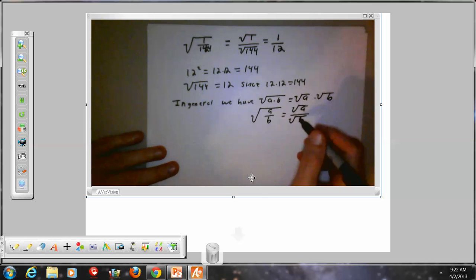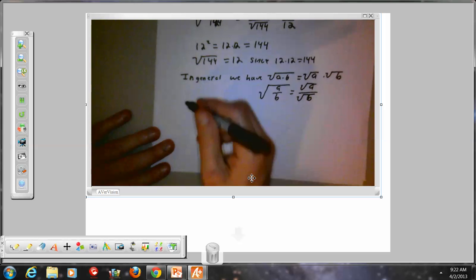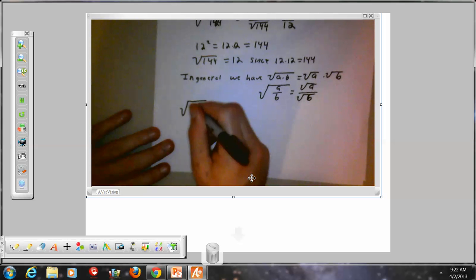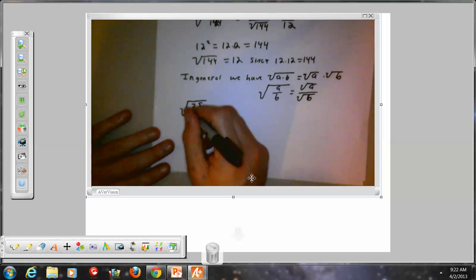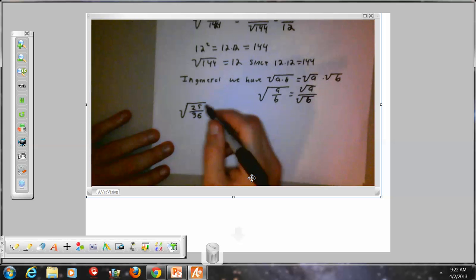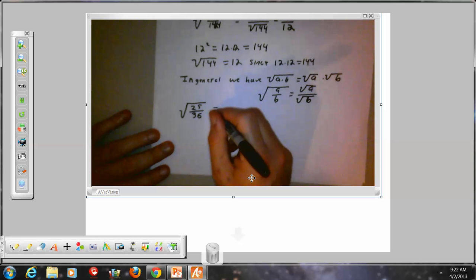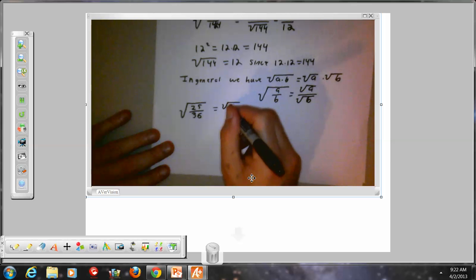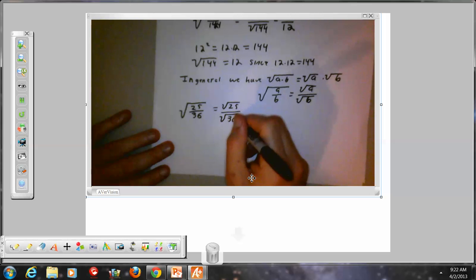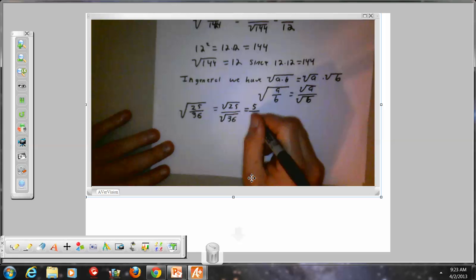So this is the property we used up here. Let's try another one. Suppose we have the square root of 25 divided by 36. By this property, we can write this as the square root of 25 divided by the square root of 36. And the square root of 25 is 5, the square root of 36 is 6.